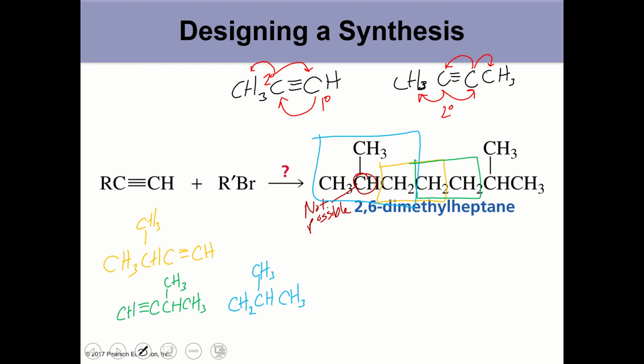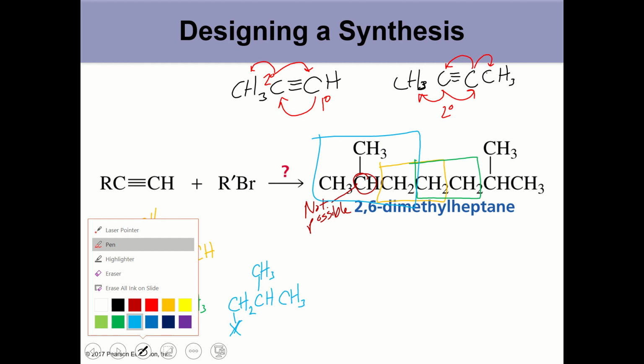Okay, so those two pieces need to be combined in order to make the final product. And how am I going to add a new carbon-carbon bond? Well, this blue section, new carbon-carbon bond, can only be added using an alkyl halide. And so at the position where the new carbon-carbon bond from the green to the blue would occur, I need to have a halide bonded to that carbon.